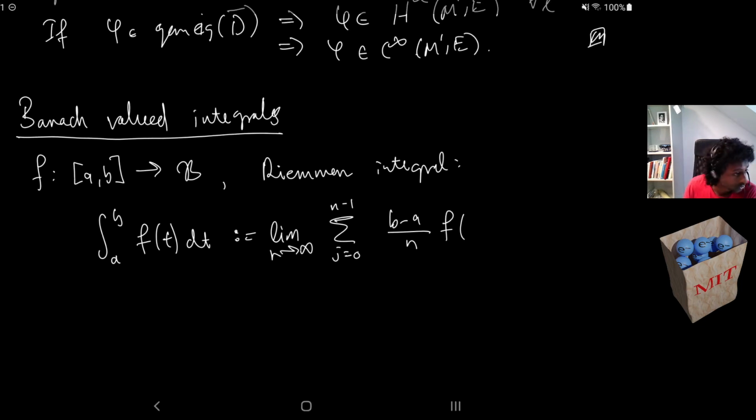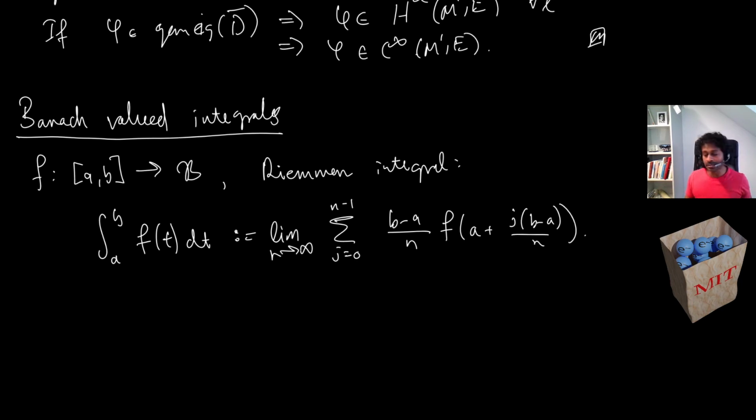Whenever this converges, we say it's Riemann integrable. I'm sure this has a name, trapezoid rule or something. So the Riemann integral is defined to be this.